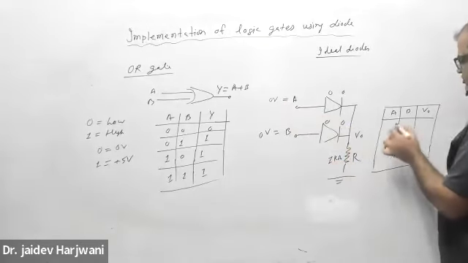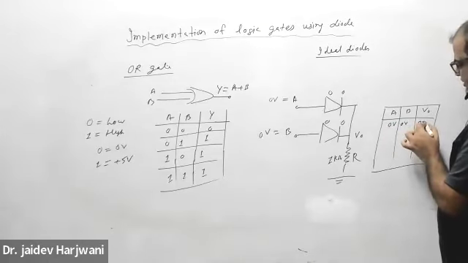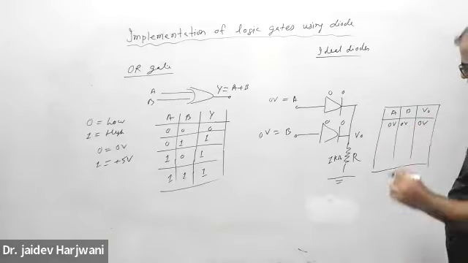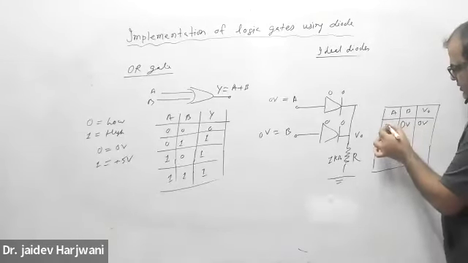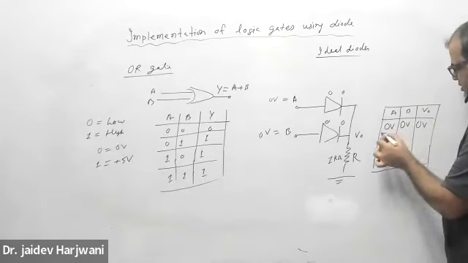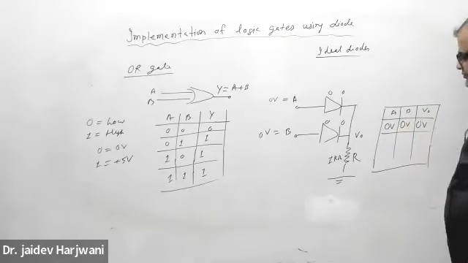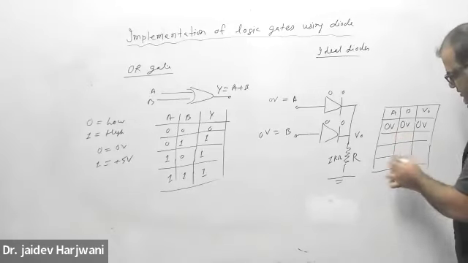So V output is also 0 volt. Okay, now I will write the numbers; you can understand this is volt even if the space is not there.